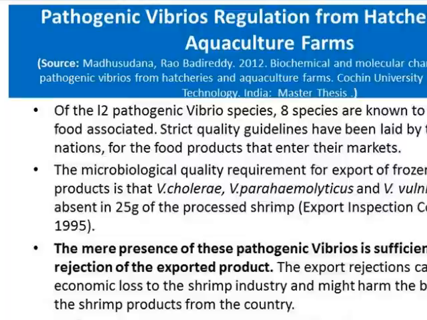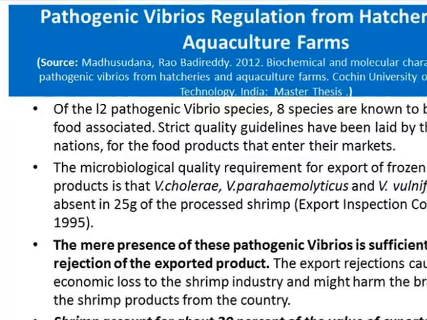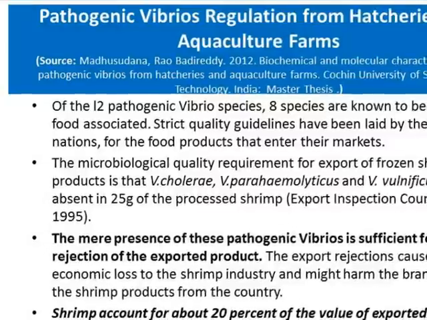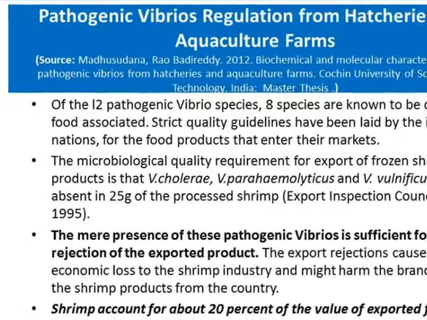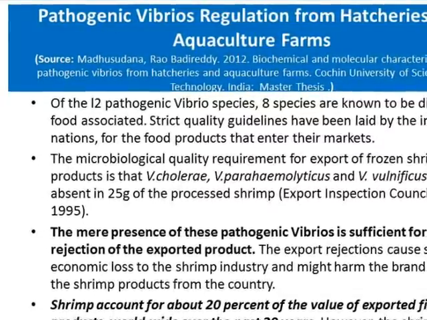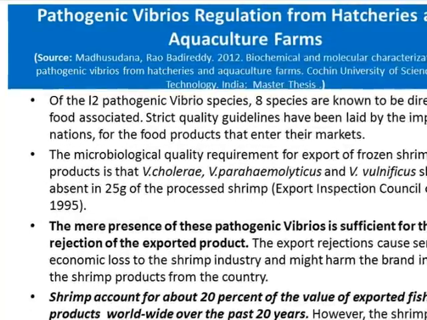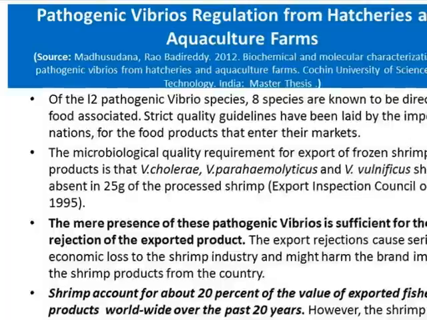Now, the rule on shrimp aquaculture is that a 25-gram sample of processed shrimp may not contain detectable levels of Vibrios, of which there are 8 different species known to cause effects.